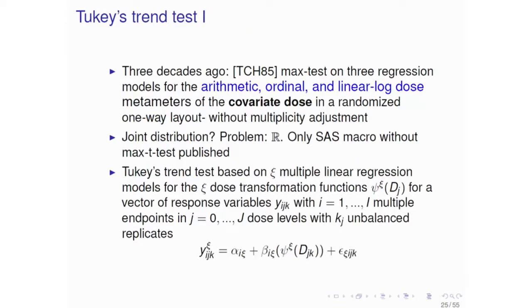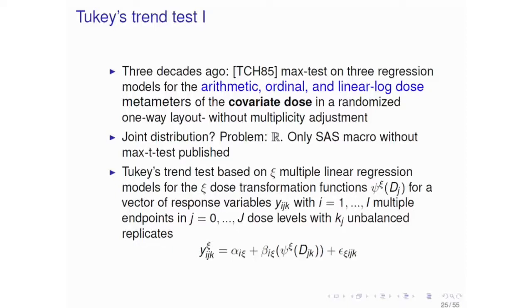So again, the proposal by Tukey was: take the dose as it is, transformed ordinal, transformed logarithmic, take the maximum. The problem is that at that time they had no idea how to describe this maximum. And here is the formal version. If we have some clinical endpoints, not only one, it's not only for univariate, you can formulate it for I multiple endpoints.